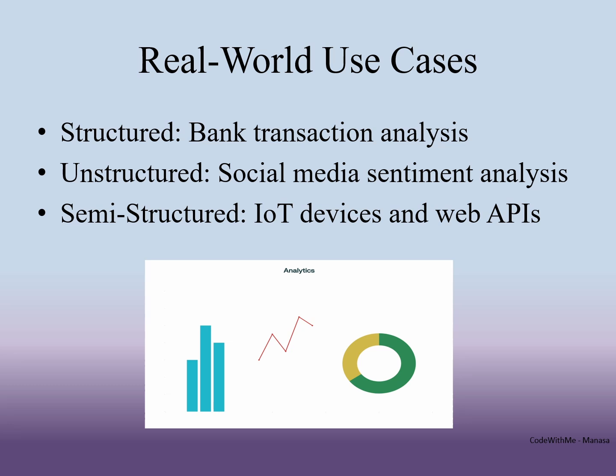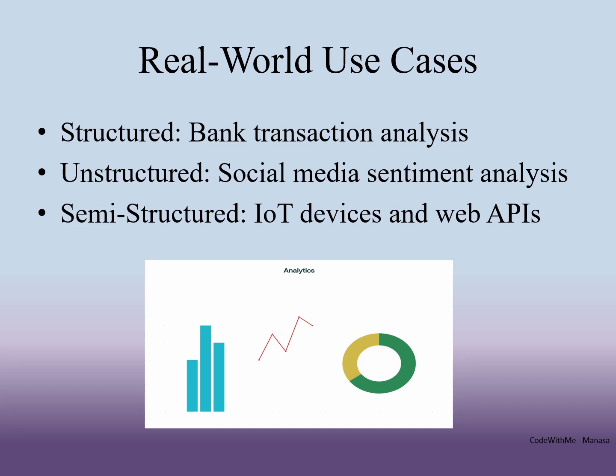Every industry uses all three types of data in different ways to understand the data and get analysis of it. This is a very important topic of data science because if you want to grow in data science, you must understand the data first.